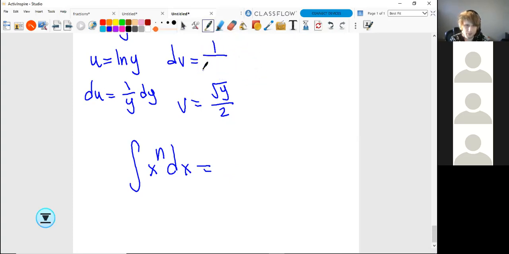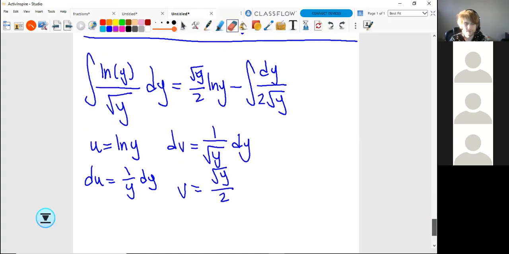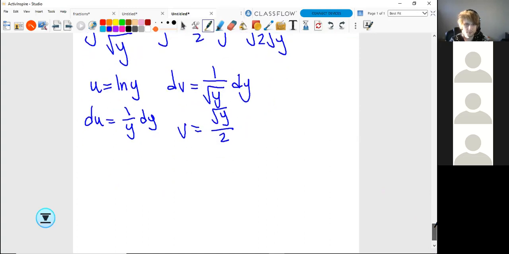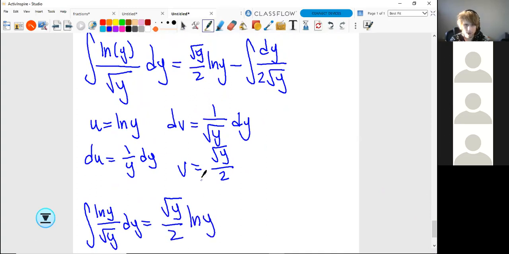So 1 over root y dy. Apologies for the confusion. So this integral is much easier to do if you can write it correctly. So the integral of ln of y over root y dy equals root y over 2 ln of y minus root y over 4 plus c.